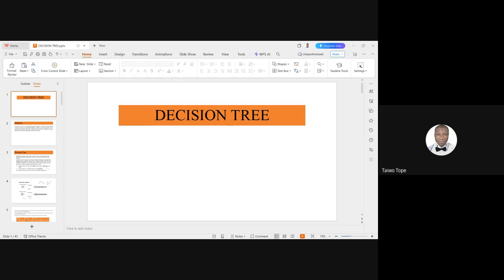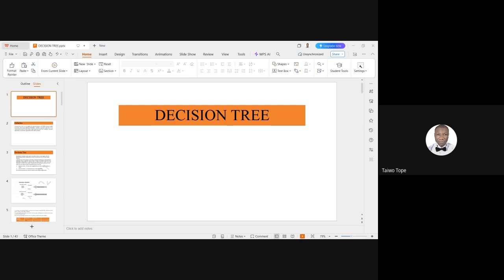And for you to solve a decision tree question, you'll be given probability, you'll be given possible outcomes. So in decision tree, we represent each of these possibilities using a diagram. We use a tree-like diagram to evaluate decisions involving risk and uncertainty.